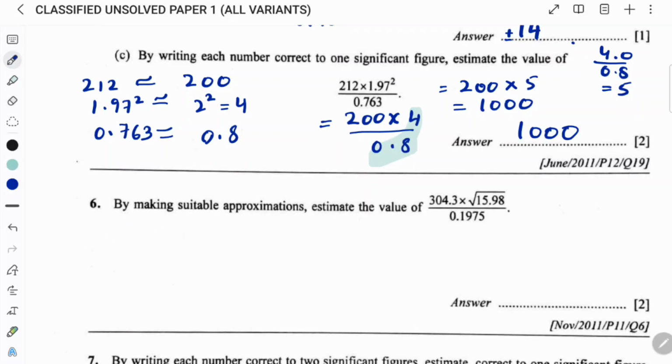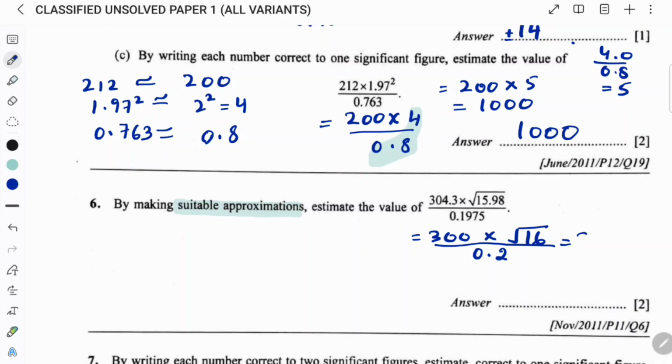We have to make some suitable approximations, so closer numbers which will be easier for you to do the calculation. So 304.3 we can write down as 300. 15.98 is obviously the square root of 16. Then divided by 0.19, you can write down as 0.2 for easy calculation.